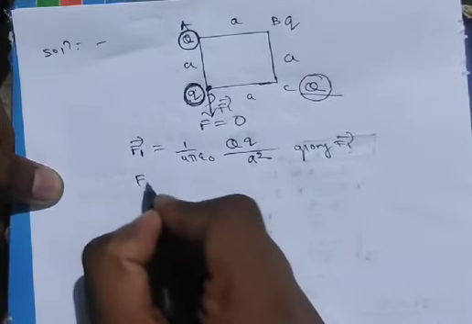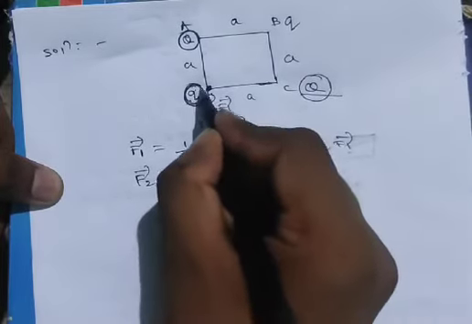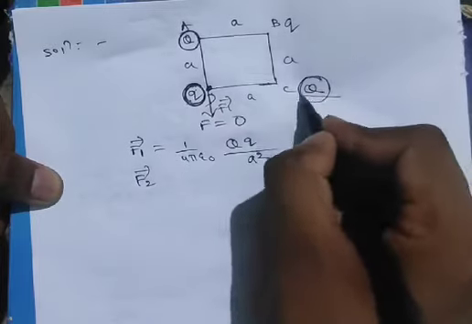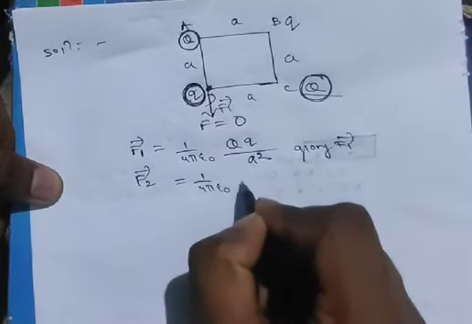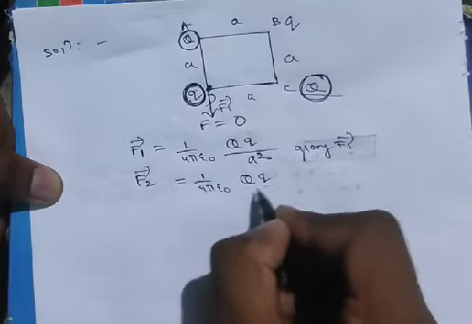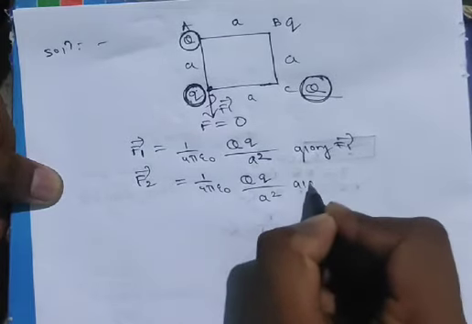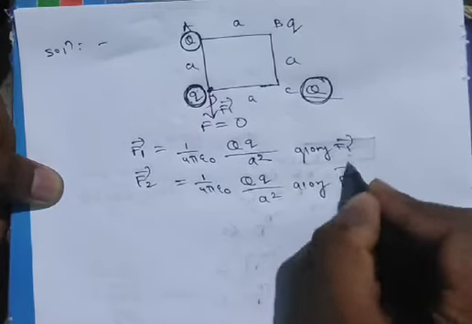Now I shall calculate F2, the force on small q due to this capital Q. That will be 1 by 4 pi epsilon, capital Q small q by a square, along F2.